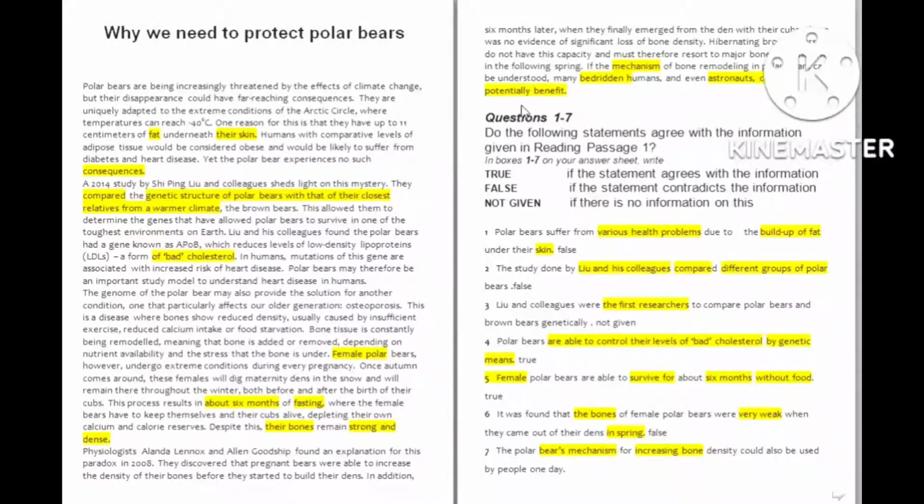Could potentially benefit means that they may be benefited one day in the near future. So the mechanism for increasing bone density could also be used by people one day. Could potentially means there are chances that it can be used for humans in the future. So the answer would be true.